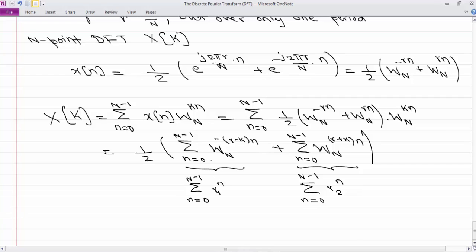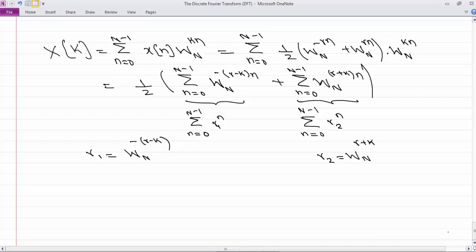In other words, both of these summations are again just geometric sums, where r1 is equal to W_N to the minus r minus k, and r2 equals W_N to the r plus k.